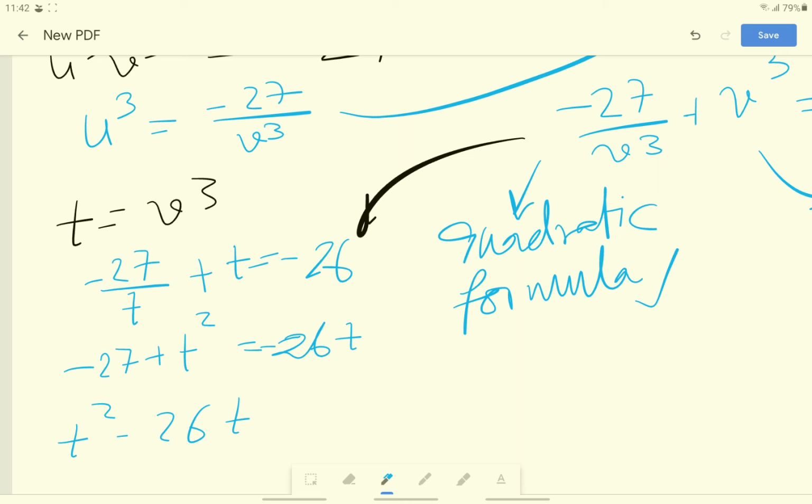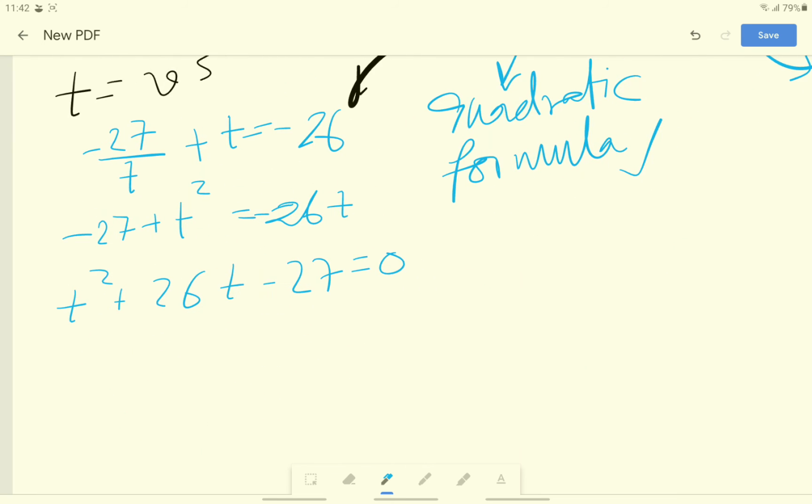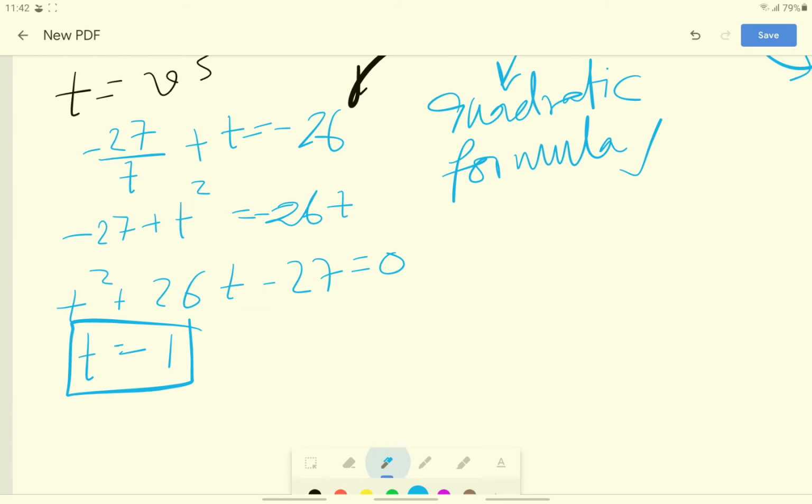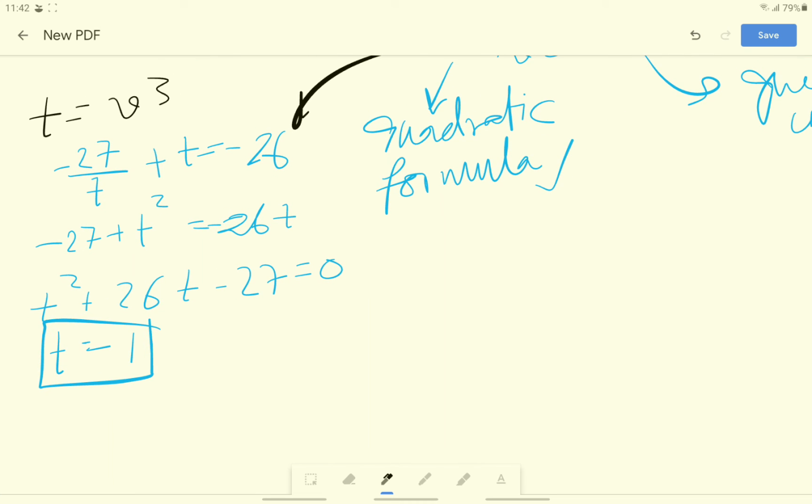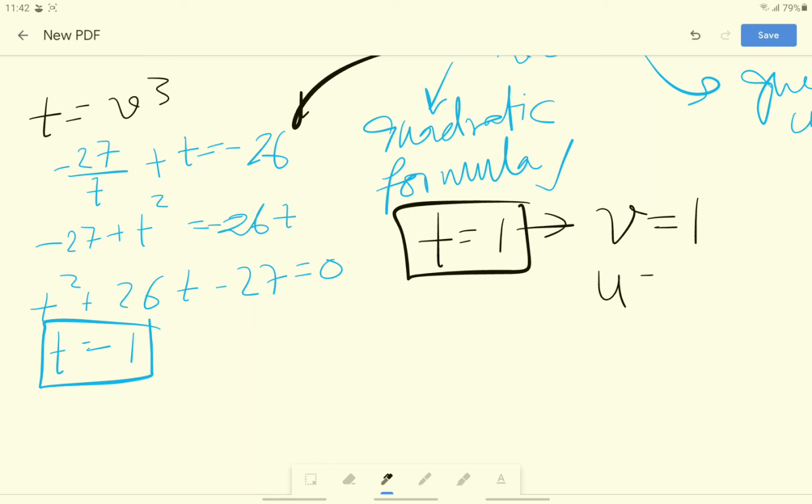We can clearly see that t equals 1 satisfies the equation. So we are not going through all the hard work of the quadratic formula. Just put t equals 1. This gives v equals 1, and this gives u equals negative 3. From there u plus v, which is y, equals negative 2.